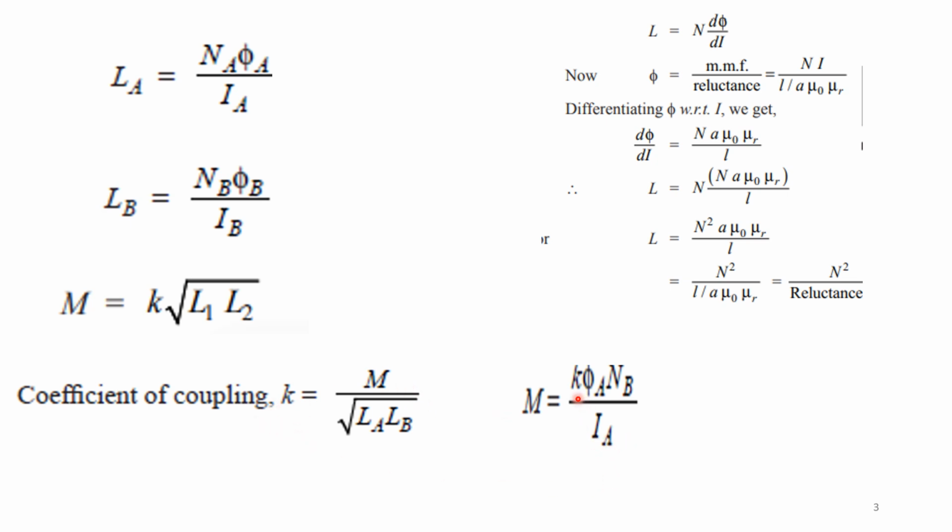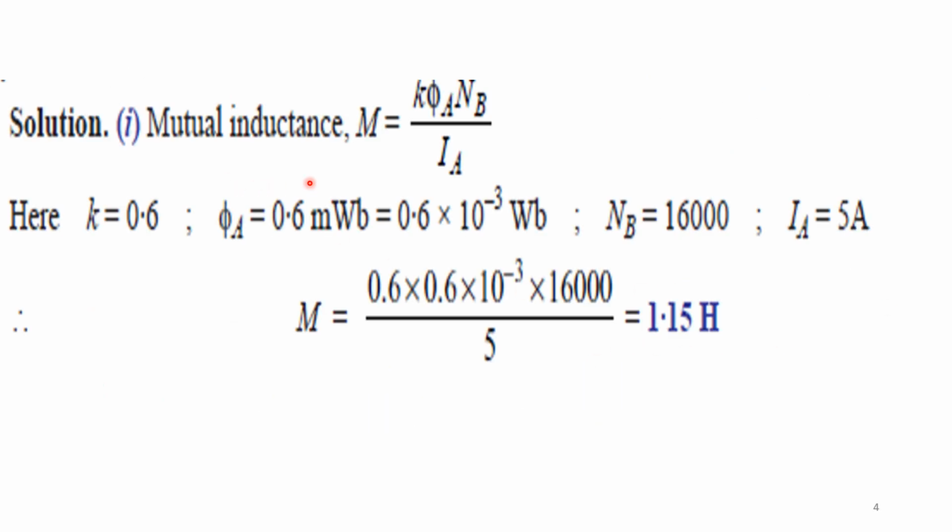So this K phi A is the percentage of flux in coil A which links with coil B. Given the data, 0.6 is the given 60% of flux links, so I have taken 0.6, and phi A is given in the question as 0.6 milliweber, converted into Weber, so 0.6 into 10 power minus 3.